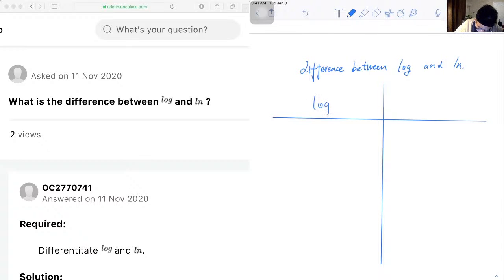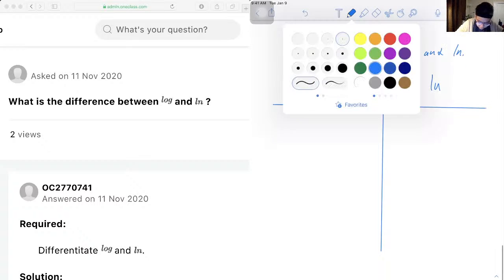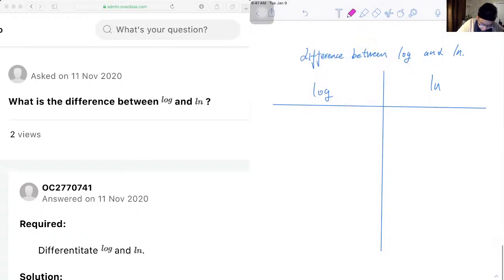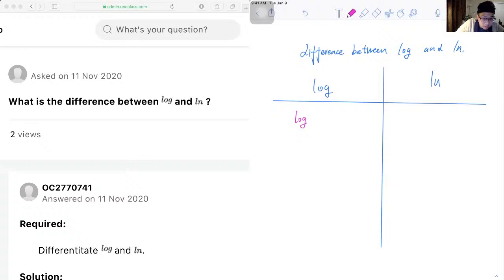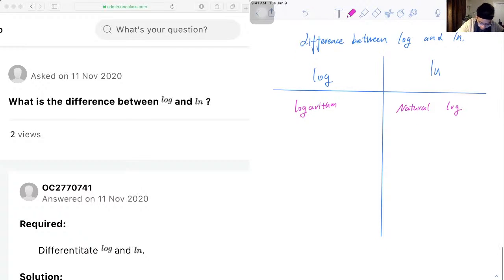So that's log, that's ln. So first, let's write the name. So this is just logarithm, and that is what we call the natural log. Okay, so that's the first difference.